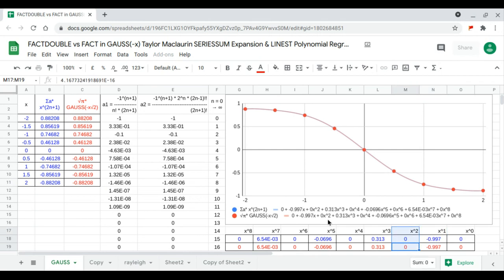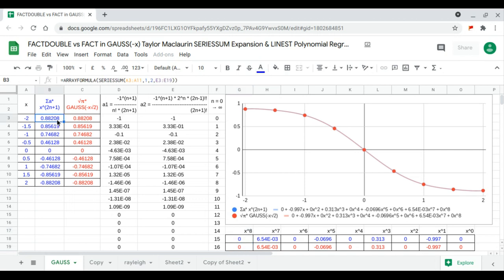Coefficient of x squared, 0. Coefficient of x cubed, 0.313. Coefficient of x to the fourth, 0. Coefficient of x to the fifth, minus 0.0696. Coefficient of x to the 6, 0. Coefficient of x to the 7, 6.54 times 10 to the minus 3. And coefficient of x to the 8, 0.